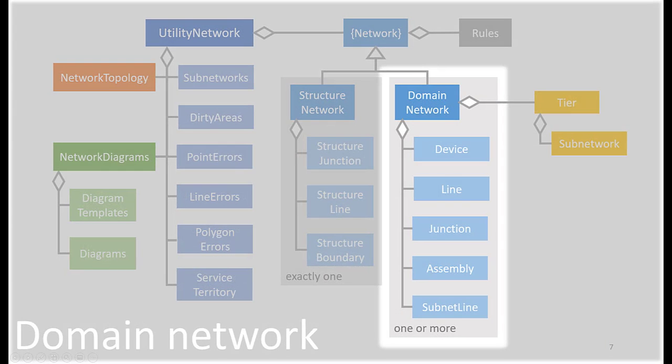So domain networks have some very common properties. They have a number of layers. There are actually 5 layers in total for a domain network. The first layer is a device. So the device represents the operational configuration.